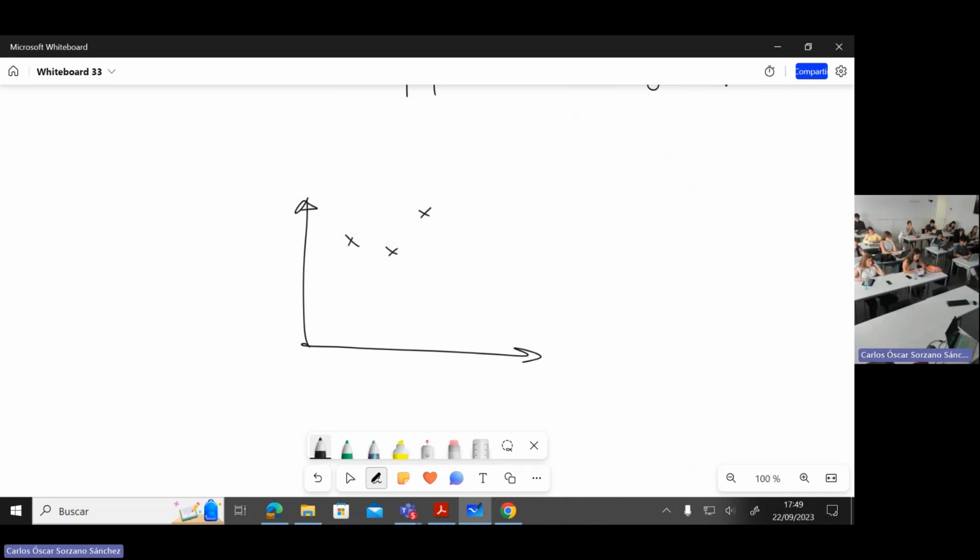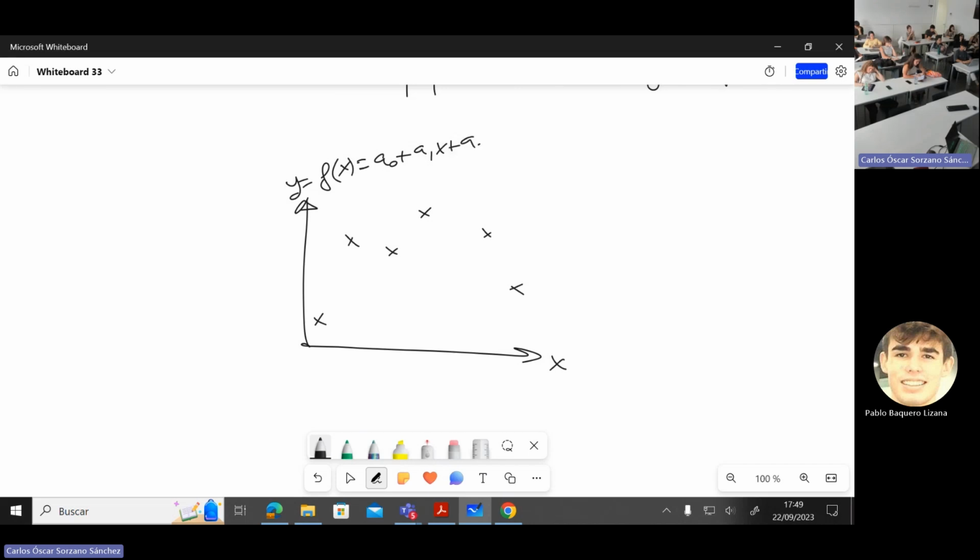You have some points, and this is y, this is x, and you want to construct f and y. We'll put a model like, for instance, a0 plus a1x plus a2x squared plus some noise. And then my model has to estimate these parameters. Once I have estimated the parameters, I will have a model that says, okay, this is your model.